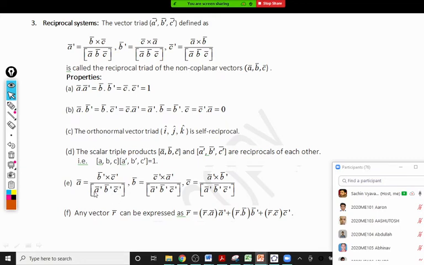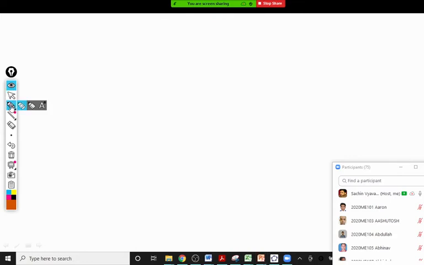Property number 5 says A is nothing but, just like we have the formula for A dash is B cross C upon box ABC, the formula for A we will get, provided A dash B dash C dash are reciprocals, is B dash cross C dash upon box A dash B dash C dash. So let me prove this.